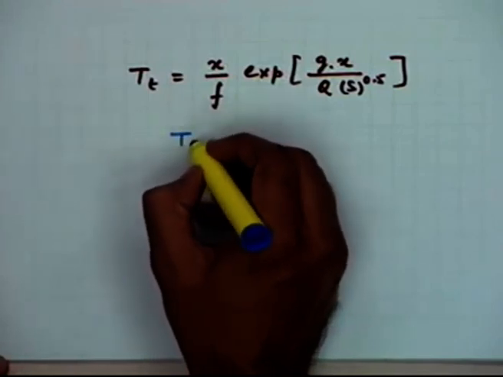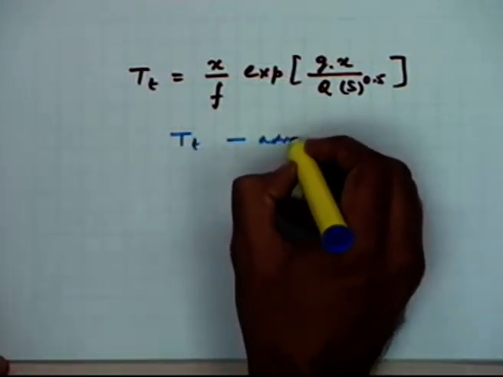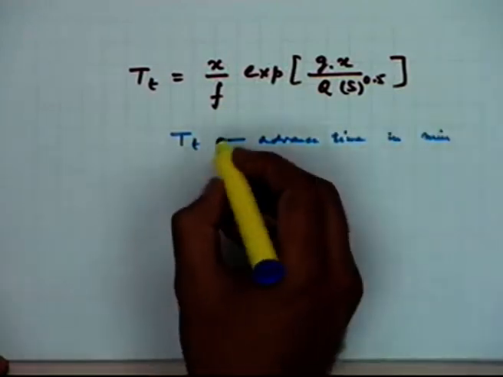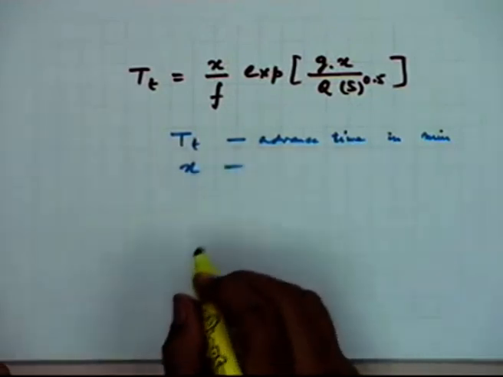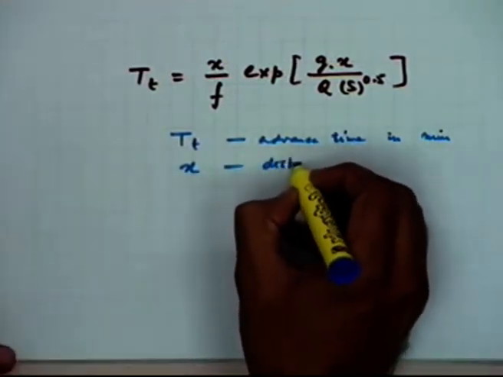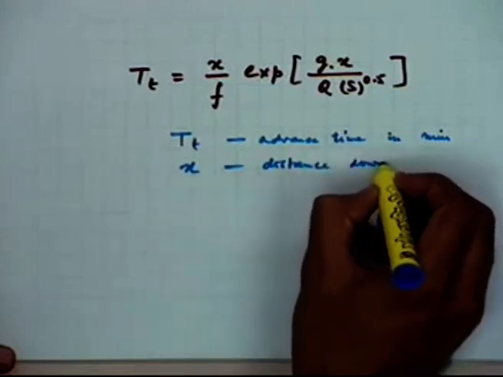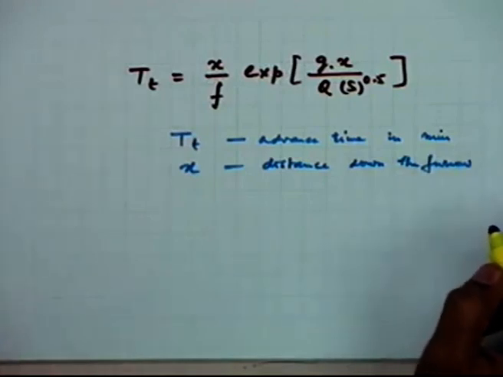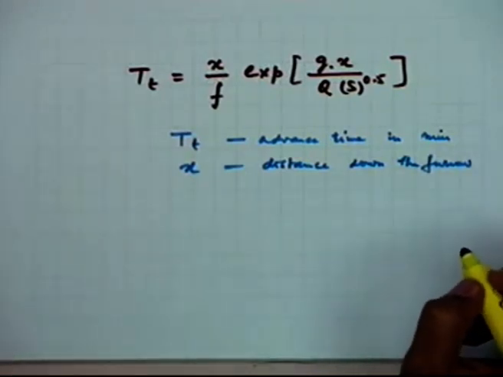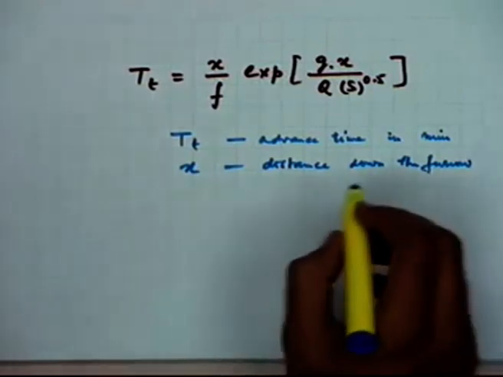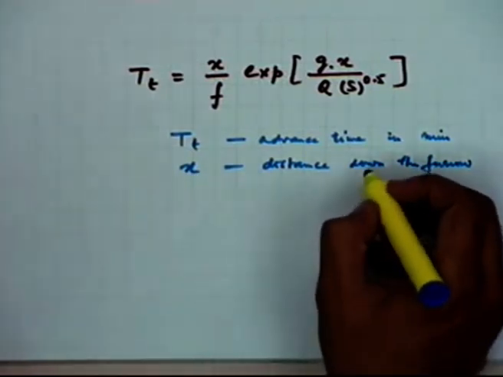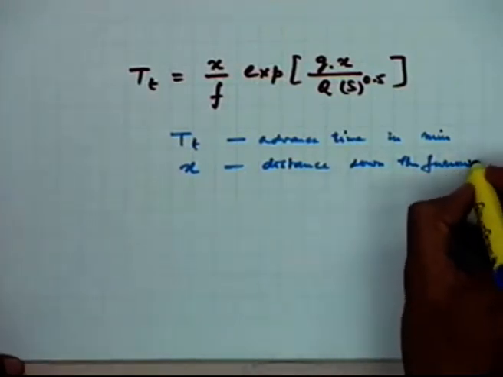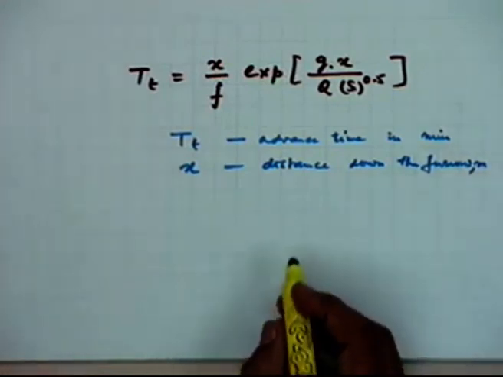TT, we know, is the advance time in minutes. X is the distance down the furrow. That means from the upstream end of the furrow, what is the distance we are considering in the direction of the downstream length of the furrow, the longitudinal direction of the furrow, and this is in meters.